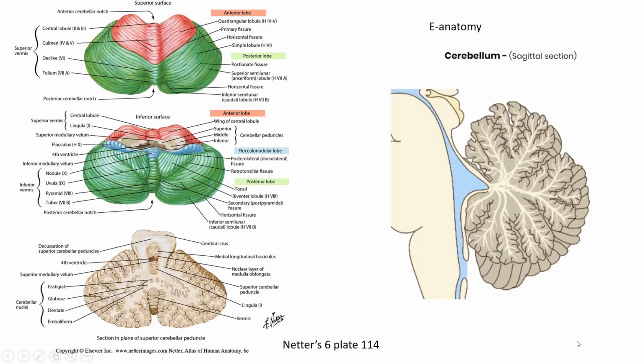So taking a look at the cerebellum, there are some superior and inferior views from Netter's, nothing really from the posterior side. The superior side doesn't have a lot of distinguishing anatomy, but in between the right lobe and the left lobe, you have the vermis, and that's a connection between the right and left lobes of the cerebellum.